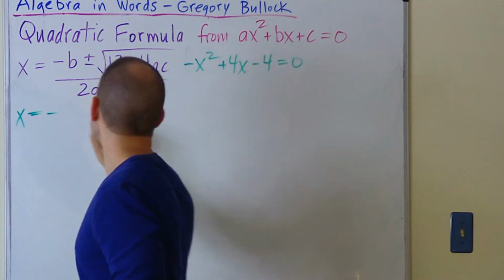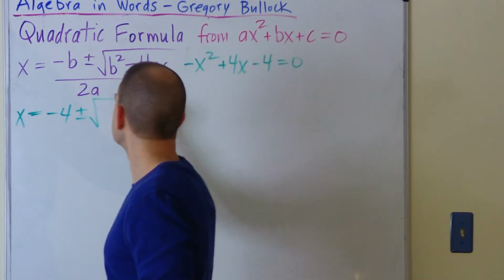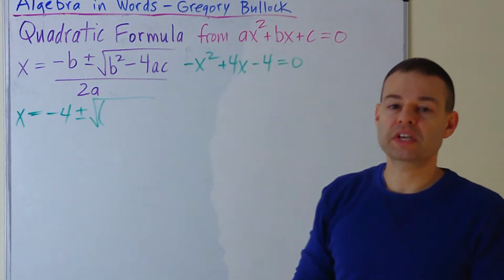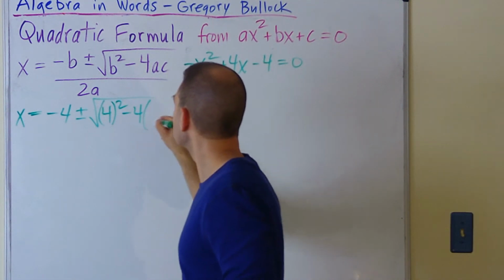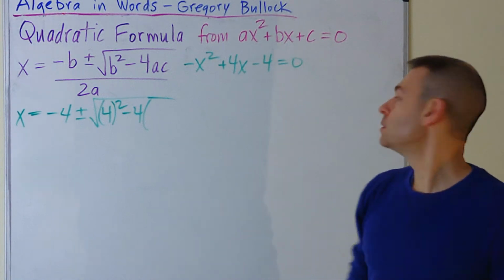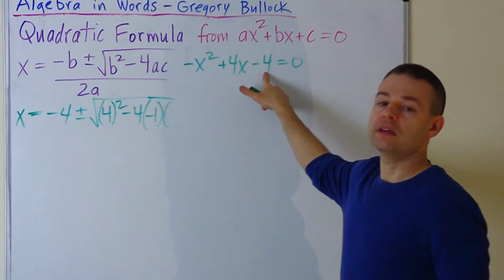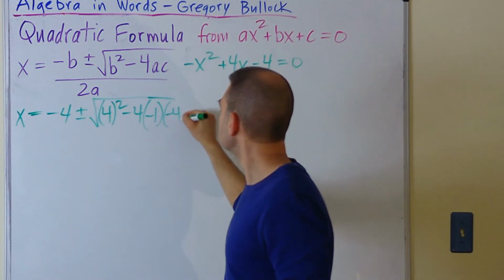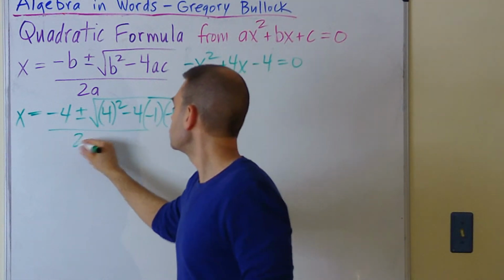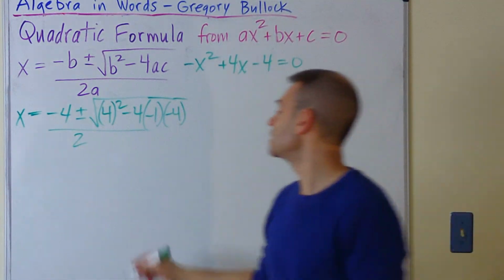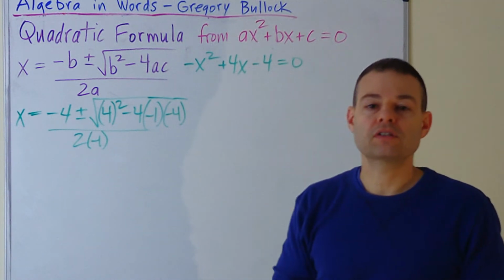x equals negative b, b is 4, b is again 4, and we'll square that, minus 4, a is negative 1, and c is negative 4. And that's all over 2a. 2 goes here, and a is negative 1. Let's start on the left and simplify.